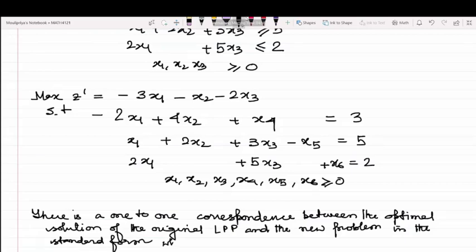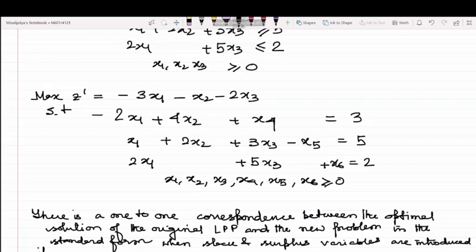when slack and surplus variables are introduced, if the cost corresponding to the slack variable is 0 and the cost corresponding to the surplus variable is also equal to 0.